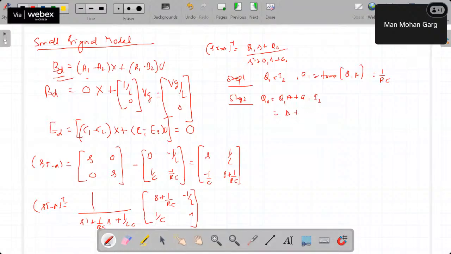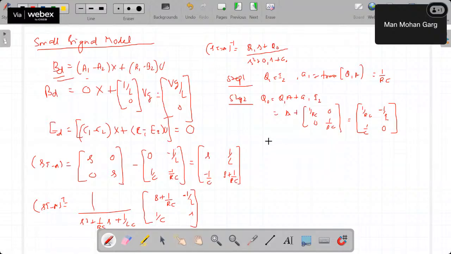A1 is here, so I2 is [1/RC, 0; 0, 1/RC]. If I add this A and this A1, what will I get? This is 1 upon RC, right? I'm adding here. So this is minus 1 upon L, this is 1 upon C, 1 upon L. Actually, my pen is not working, so you will face some difficulty in this session. Next session will work properly. So minus 1 upon L, and this is 0. This is the Q naught we got.